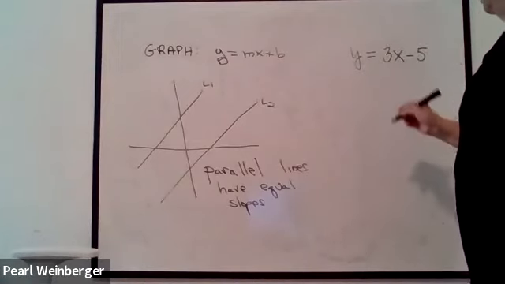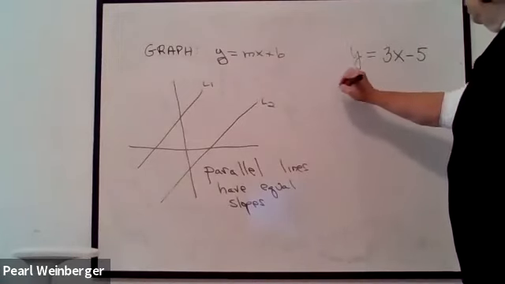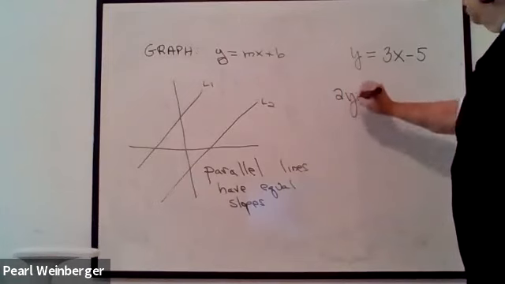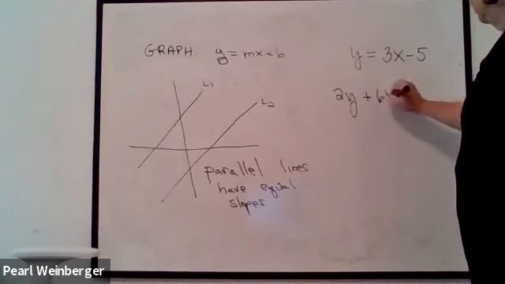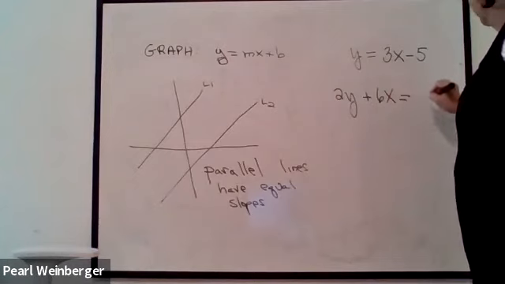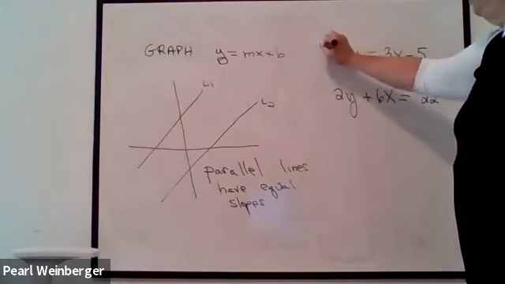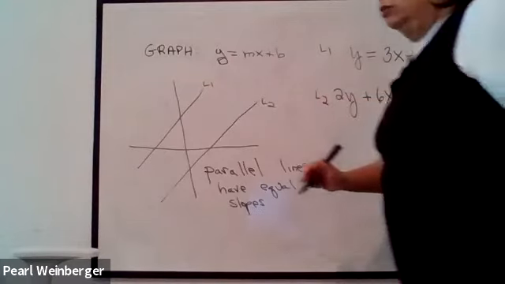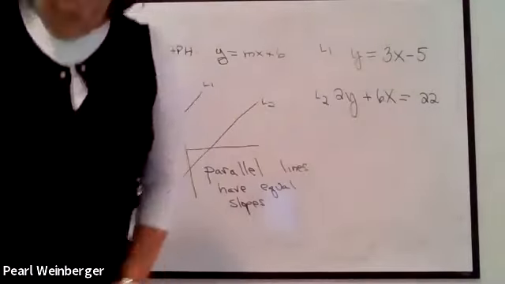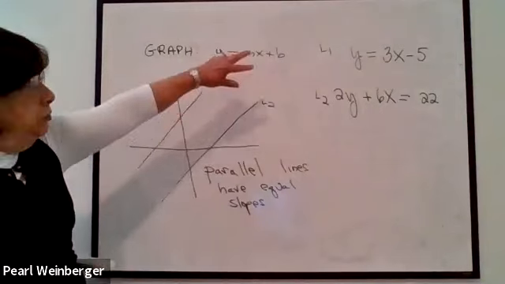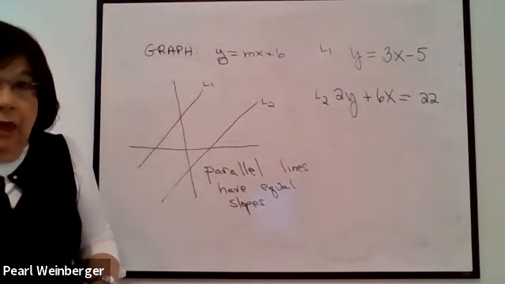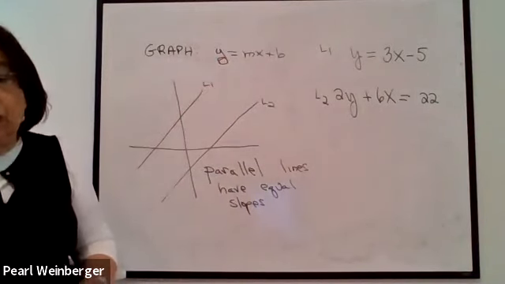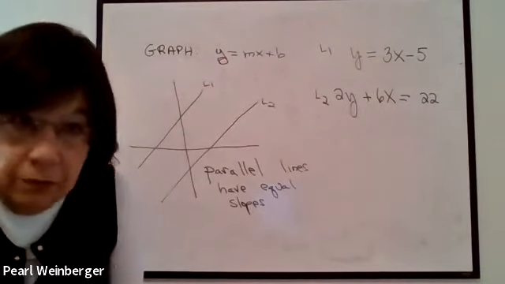And my second line is 2y plus 6x equals 22. So this is line 1, and this is line 2. What I'd like for you to do, I'm going to give you a few minutes, is figure out the slope of each of those two lines, and then tell me if those two lines are parallel or not. I'll give you a few minutes to do this.